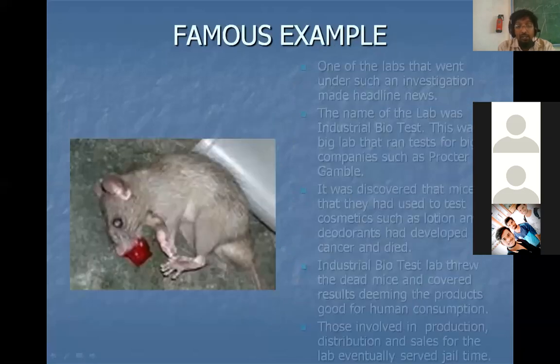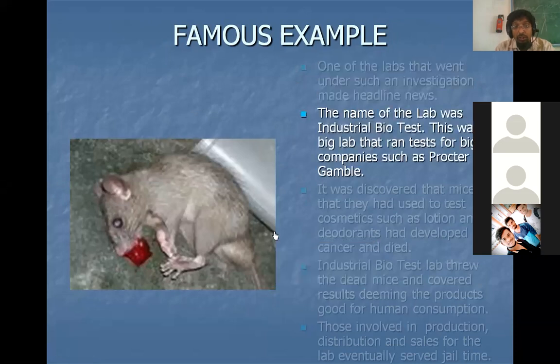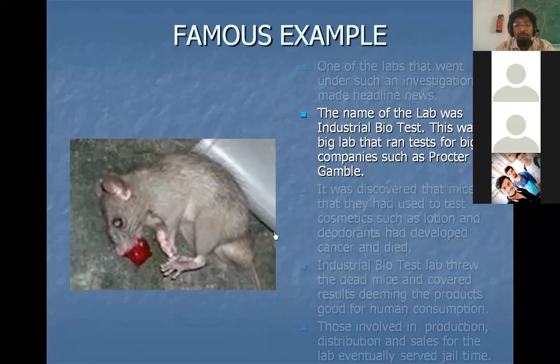For example, one of the labs that went under such an investigation made headline news. The name of the lab was Industrial Biotest. This was a big lab that ran tests for big companies such as Procter and Gamble, P&G. I hope you know a lot of shampoos and other cosmetic products are made by that company.